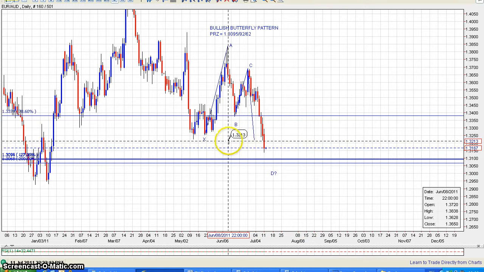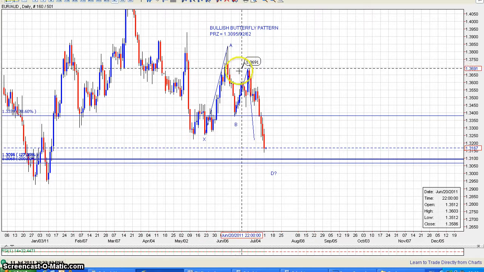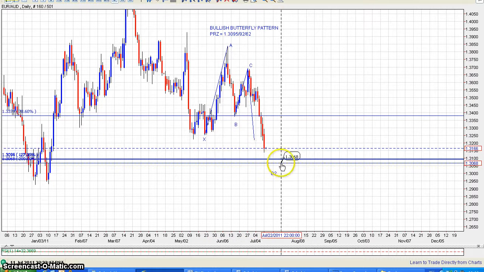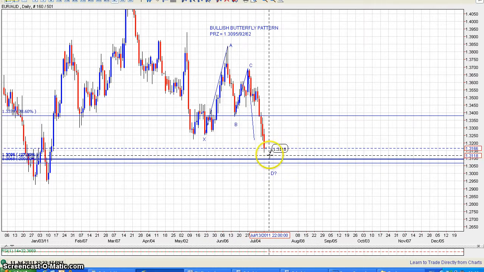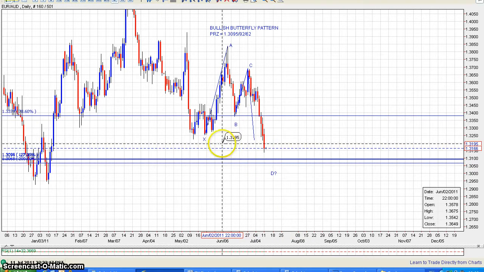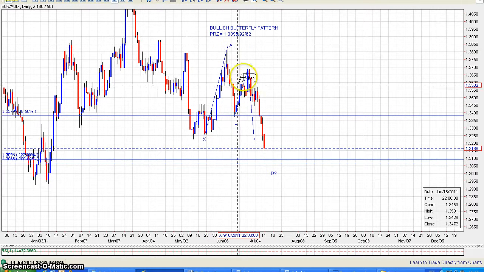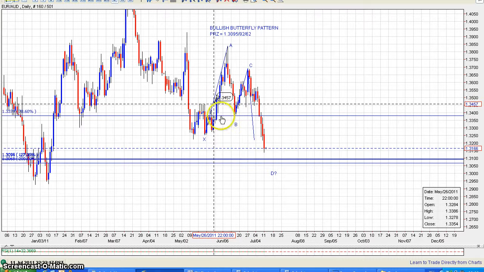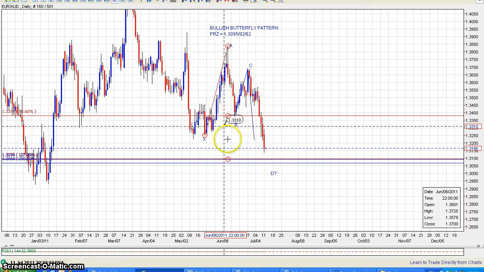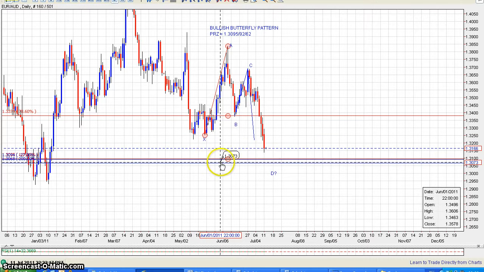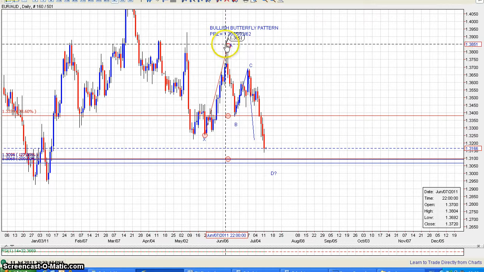The butterfly pattern is a 5-point structure. You've got X, A, B, C, D, and D should ideally end on a support zone defined by different fib levels of the different price legs within the structure. So, for example, you've got the upper boundary of this level, which is 127% of the XA leg.